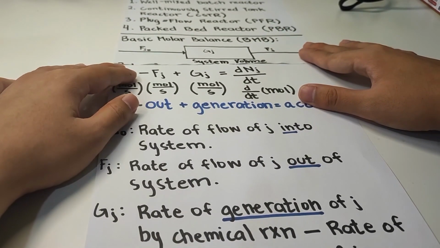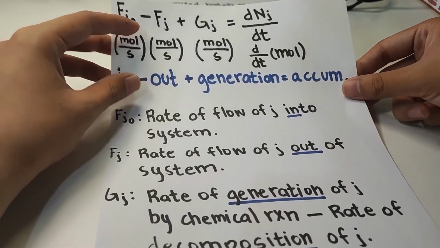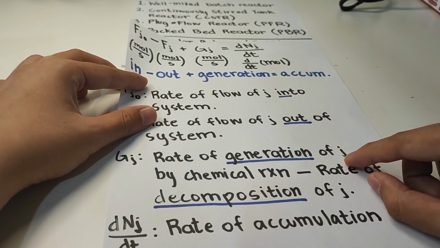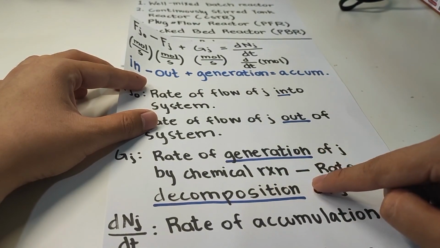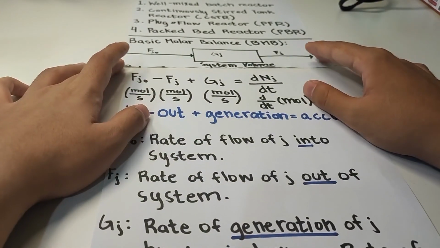Gj is the rate of generation of J by chemical reaction minus the rate of decomposition of J.